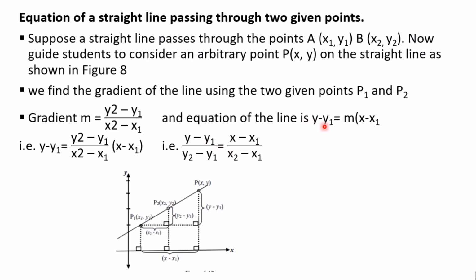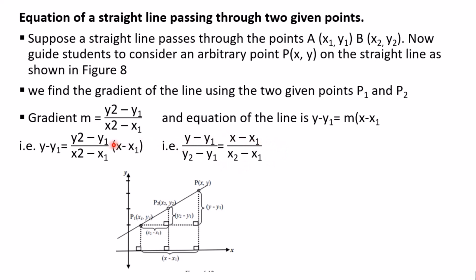And from the previous slide, we said that the equation of a straight line can also be given by y minus y1 equal to m into x minus x1. So when we substitute our gradient m, this is the expression we are going to get: y minus y1 equals y2 minus y1 over x2 minus x1 into bracket x minus x1.